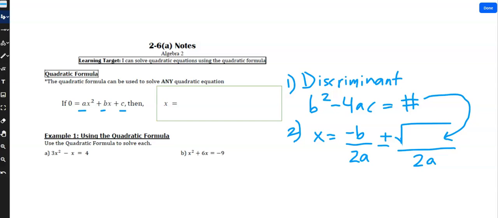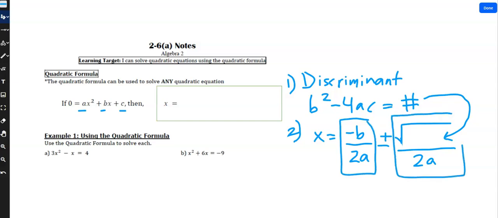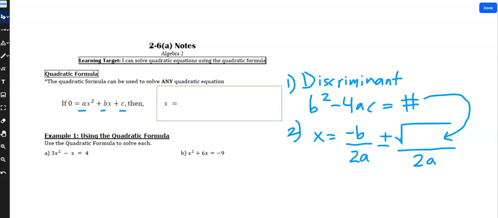You are also never going to see a classic textbook split it up into two separate fractions like I did, with plus or minus in the middle. But I highly recommend you do that too, because you will have an easier time simplifying and you won't make mistakes. I see way too many kids over the last 30 years who have made serious mistakes when they try to do this.